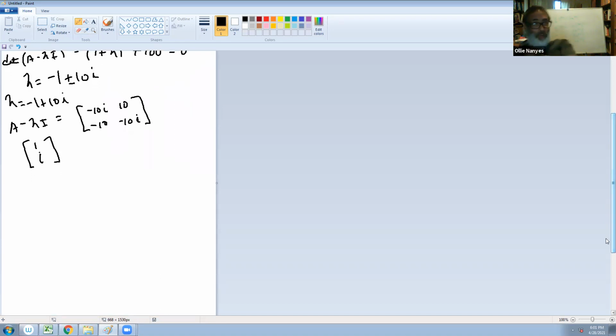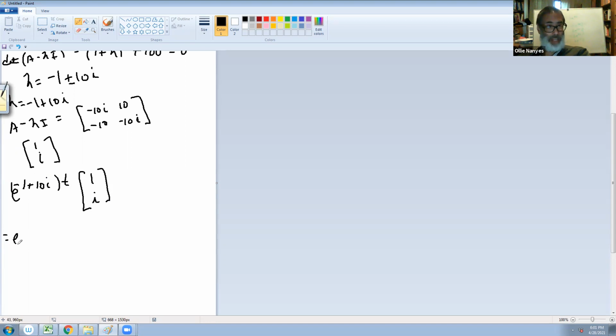So now let's go ahead and try to, we got our complex eigenvector and our eigenvalue. So therefore, our solution looks like this. It looks like e to the minus 1 plus, I'm going to use the plus, times this particular eigenvector.